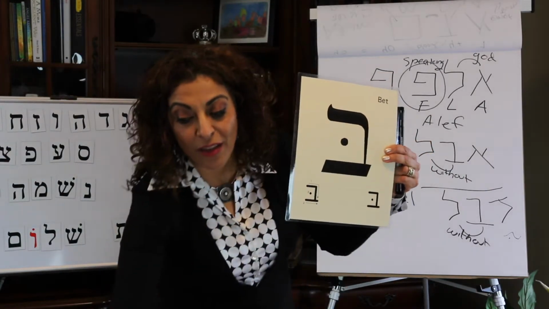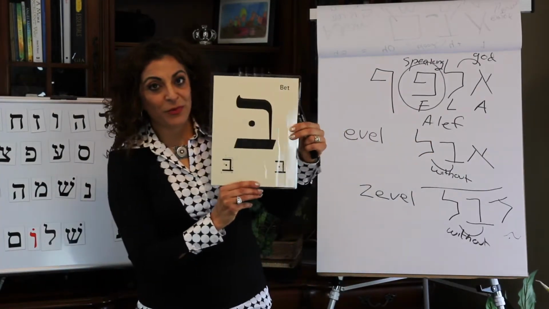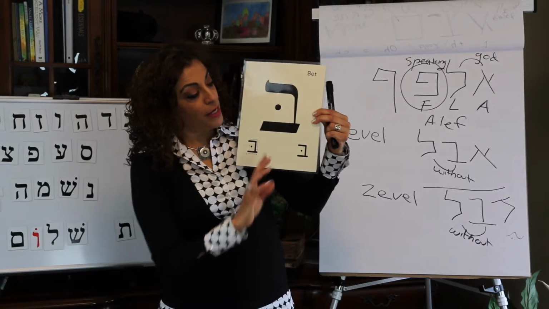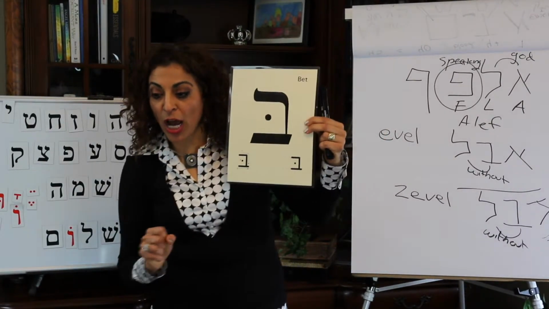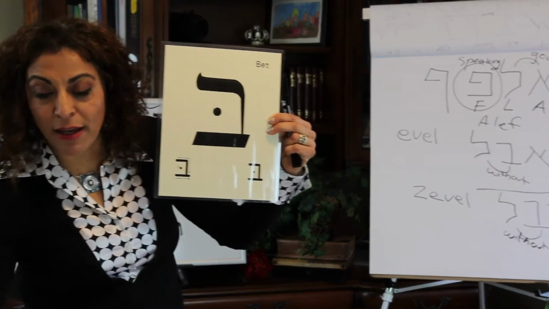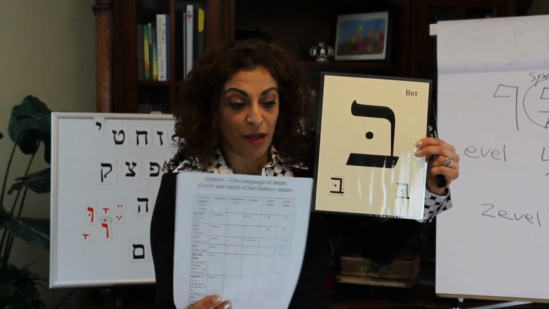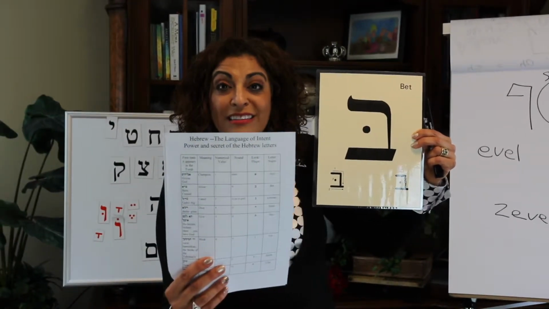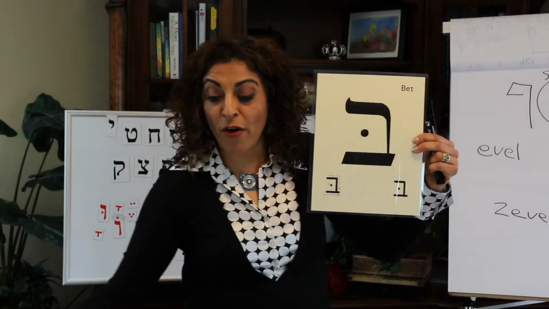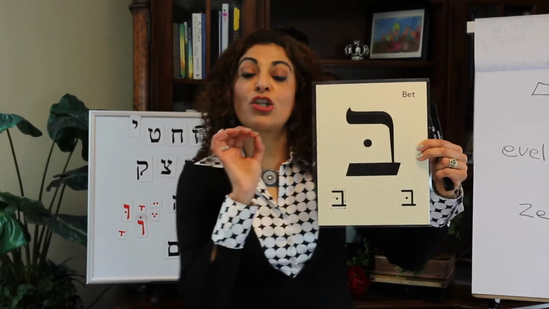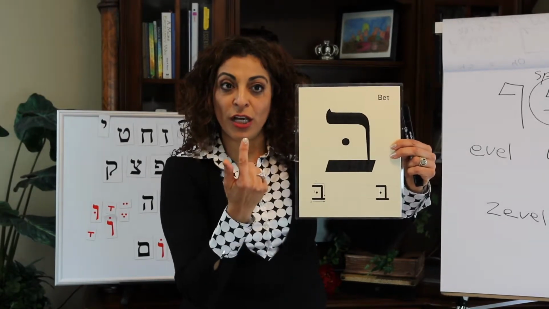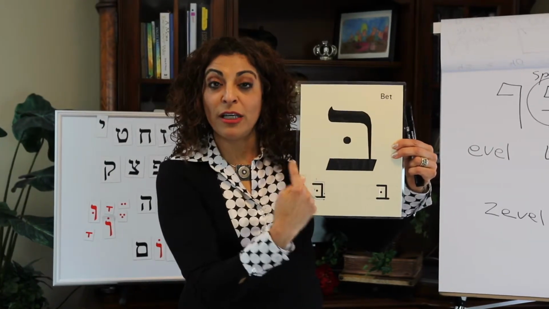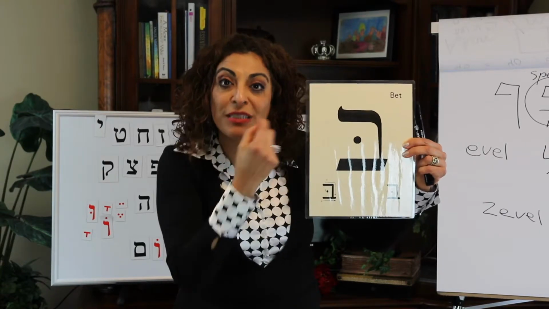Now, look at the bet. There's a beautiful, it stands for the word house, bait. If you look at your chart here, you will see that the first word where the bet appears on its own right, that means the code of letters, because the word Bereshit means in the beginning, so there's a preposition there.